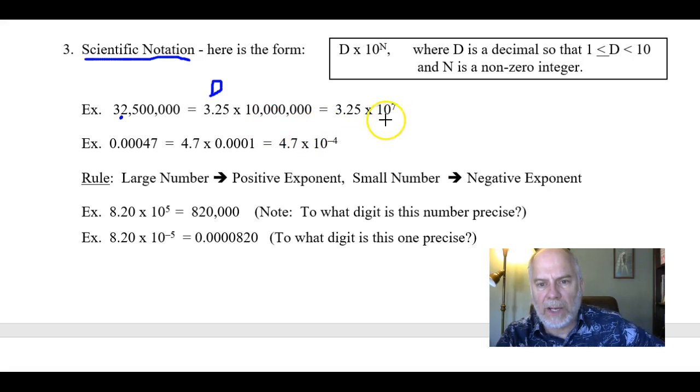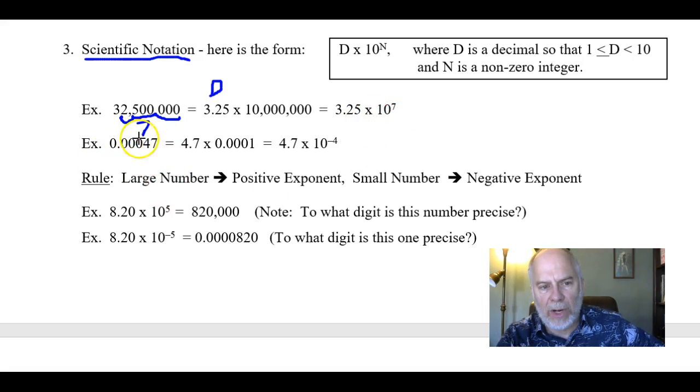And then you have to write it with the exponent: 10 to the 7th power, because if I move the decimal place over 7 spaces, it gives me 1. So it would be the decimal number 3.25 times 10 to the 7th power. You can see the 7 spaces right here. I moved it over 3 places and another 3 and then another 1 space, so a total of 7 spaces. So 3.25 times 10 to the 7th power.